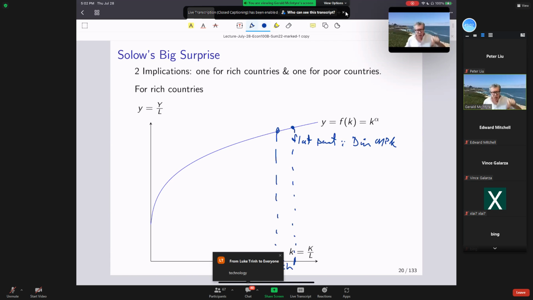So since increasing the capital stock per worker cannot increase output per worker, rich countries must depend upon technological change.